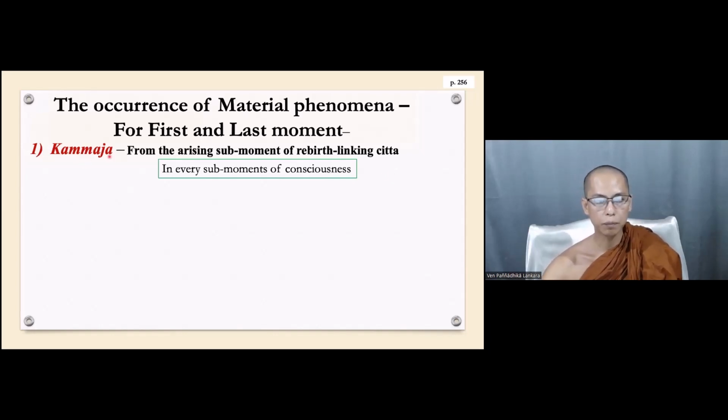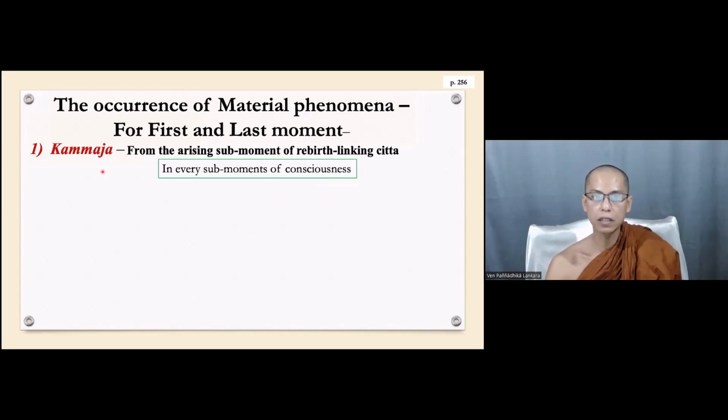The kamma-born materialities arise for the first time at the arising sub-moment of rebirth linking citta, and they repeat, arising in every sub-moment of consciousness. So in the present sub-moment of rebirth linking, kamma-born materiality is also produced. In the same way, in the dissolution sub-moment of rebirth linking consciousness, kamma-born materialities are produced by kamma.